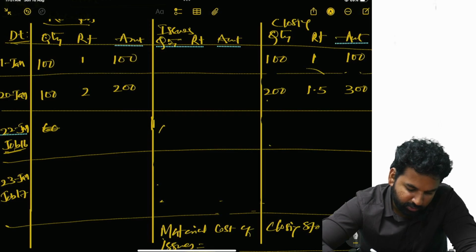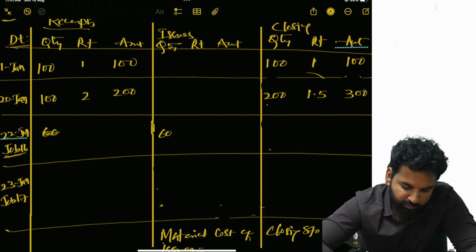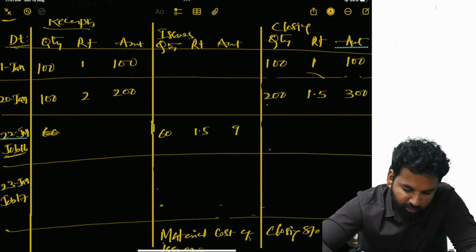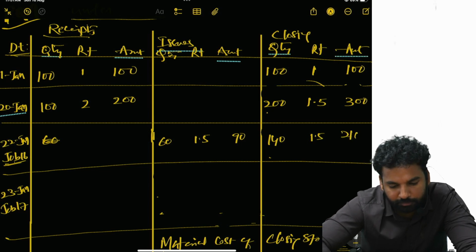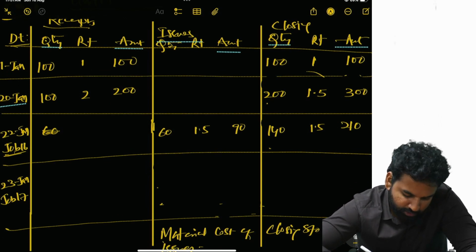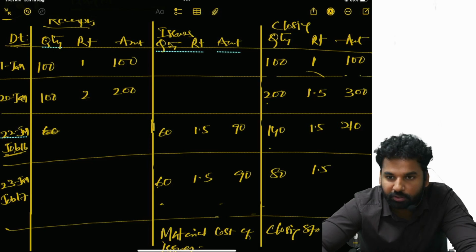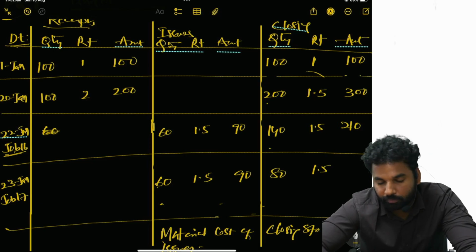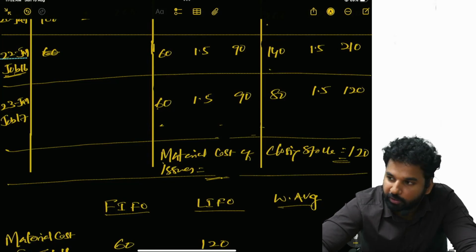Okay, now 60 units of material is being issued. Correct? 60 units. So rate 1.5, so amount will be 90. Remaining will be 140 units at 1.5, which will be equal to 210. Okay, next for job 17 the issue is 60. Again 1.5, 90. Remaining units 80 at 1.5, 120. So closing stock is 120.